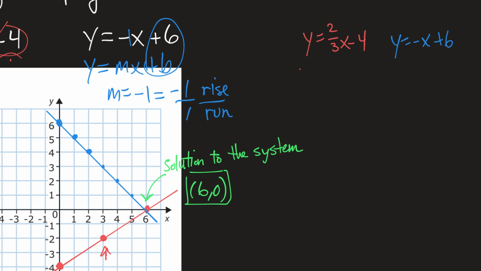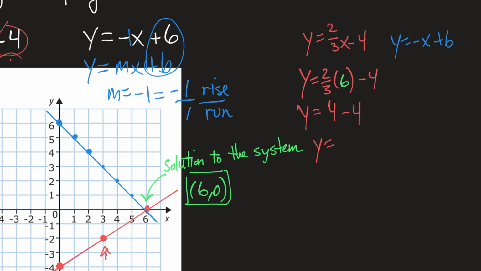We have y equals 2/3 times x, which in this case is going to be 6. And I'm getting 6 from my ordered pair. 6 is the x and 0 is the y. So minus 4, and that equals 2/3 times 6. 2 times 6 is 12, divided by 3 is 4, minus 4. That's the y value, so y is 0.